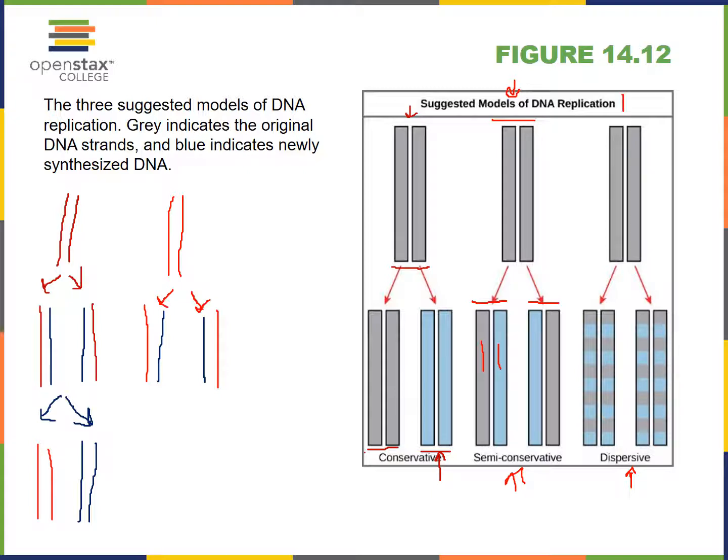The last model, dispersive, is kind of the idea that the parent molecule was broken up into little fragments, which were then used to make new fragments.